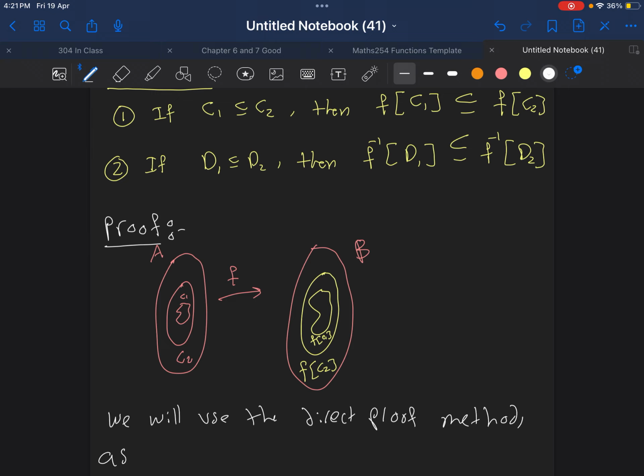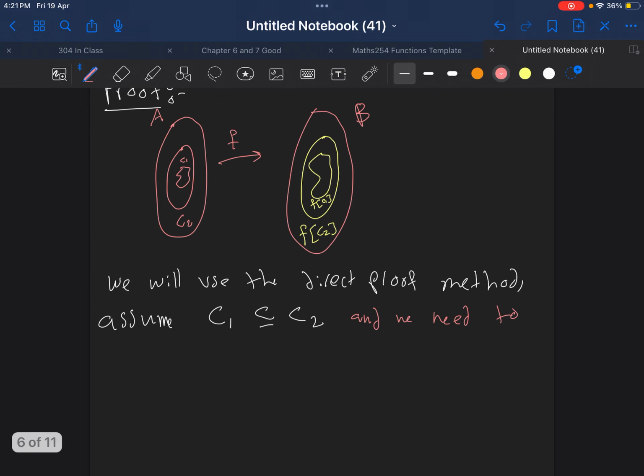So assume we have a set C1 subset of C2, and we need to show and conclude the following. We need to show F of C1 is a subset of F of C2.